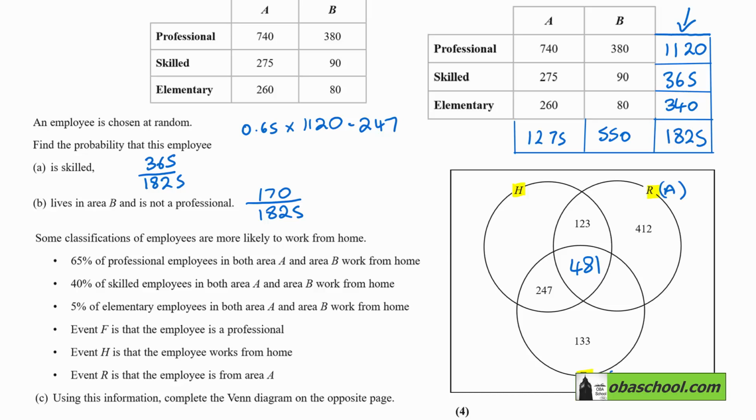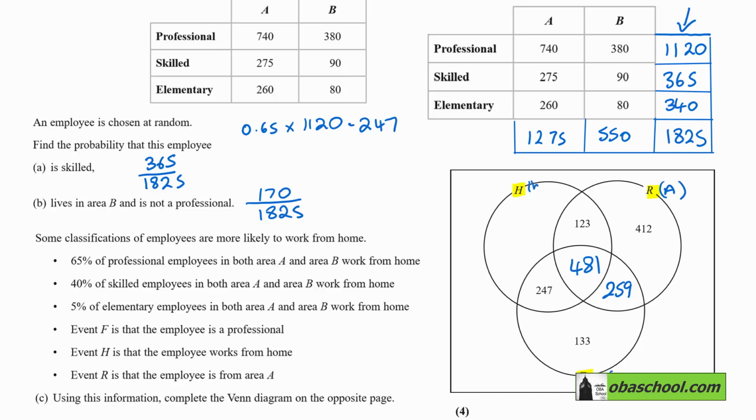We've only got one section left to fill there, and so if we do 1,120, take away the 481, take away the 247, take away the 133, we end up with 259 in that part just there.